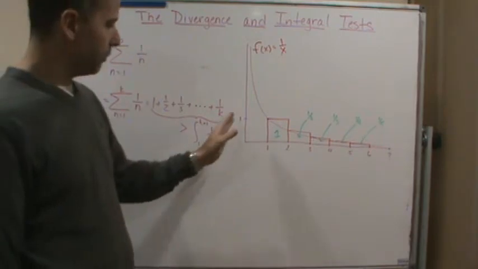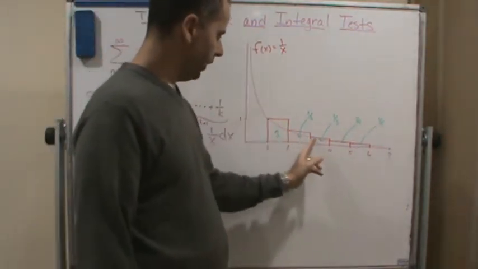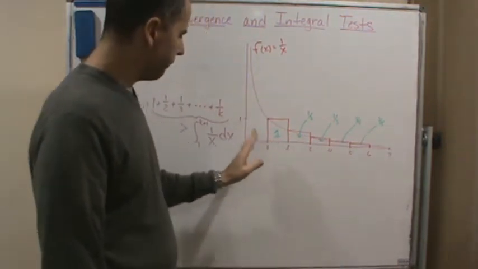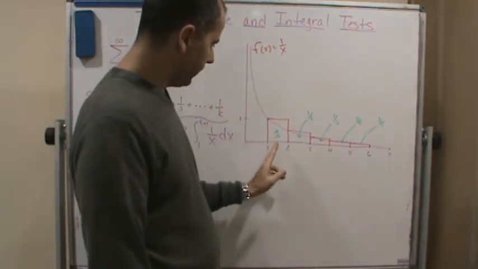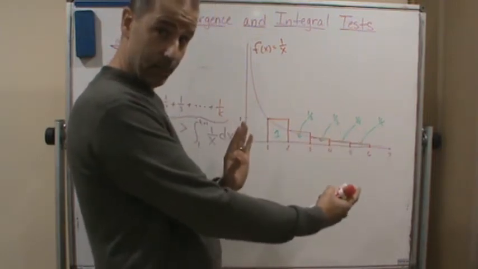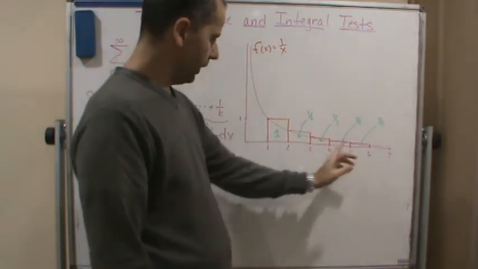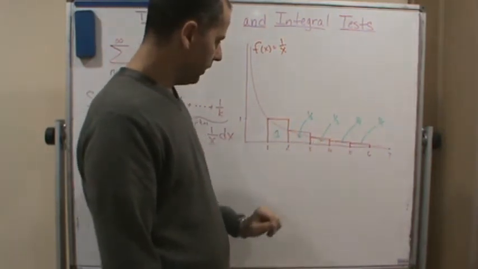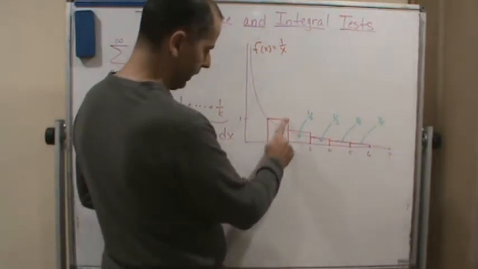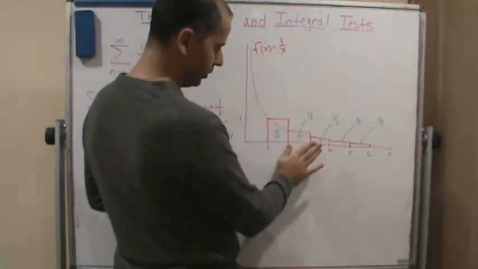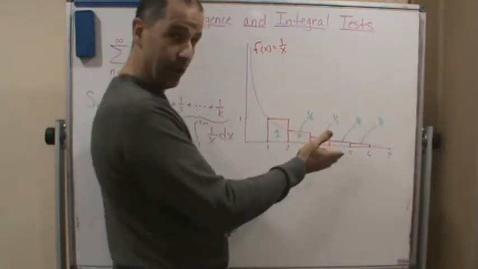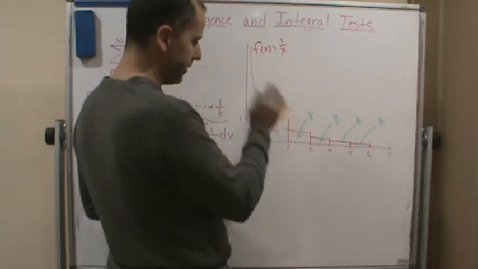Okay, because what we're going to do is compare it to the area under the curve. So now you can see from this picture that the sum, the partial sum, if you will, is larger than the curve, because we're using n equals 1, and so all of our rectangles are slightly overestimating the area under the curve. So this is an overestimate.